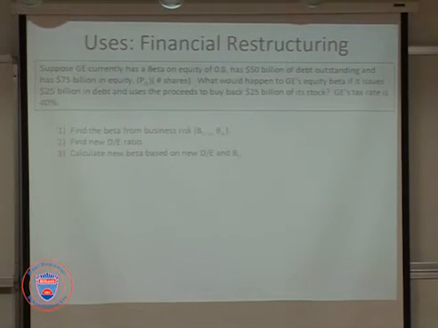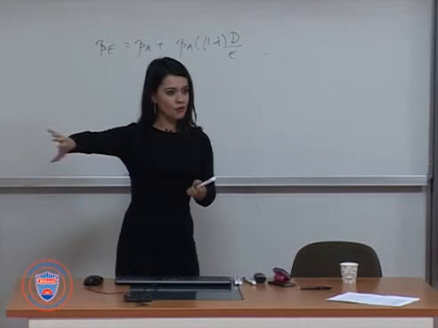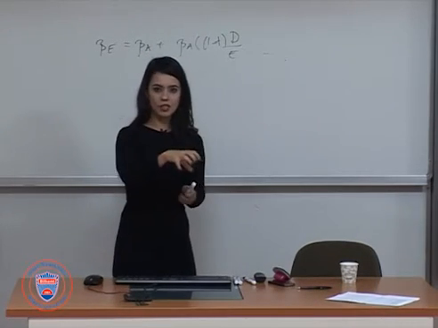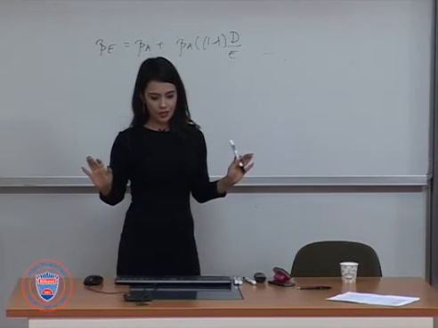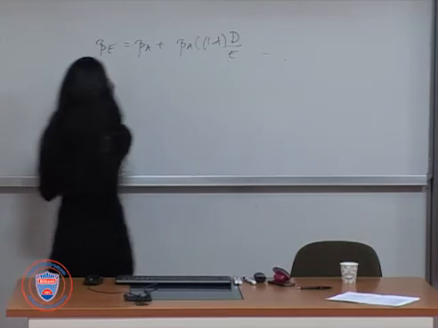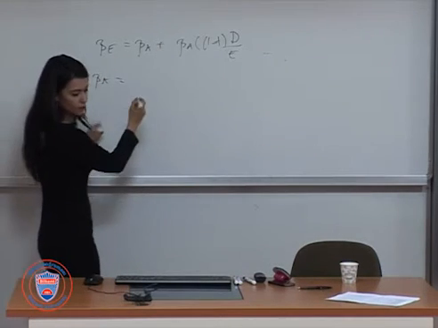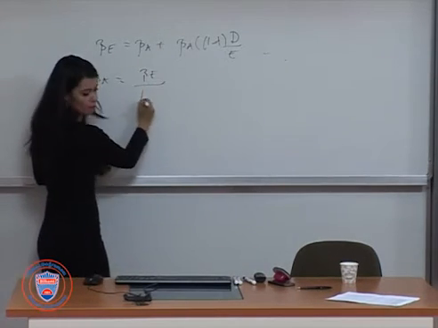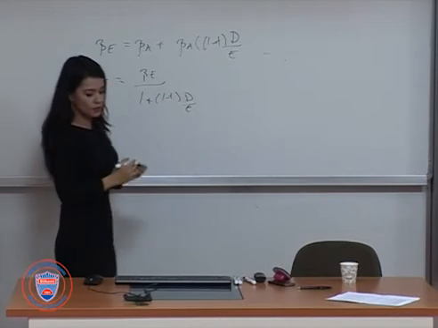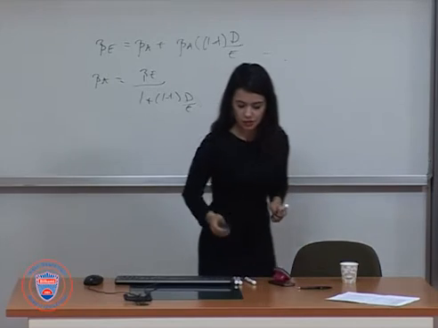Unlever the beta, remove all the effect of financing, then plug in the new debt to equity ratio. That's all we're doing. Let me write this part as well. It's the same formula, just the representation is a little bit different.